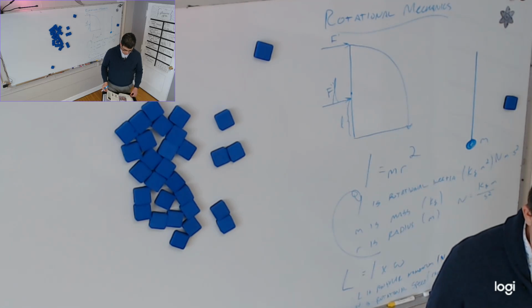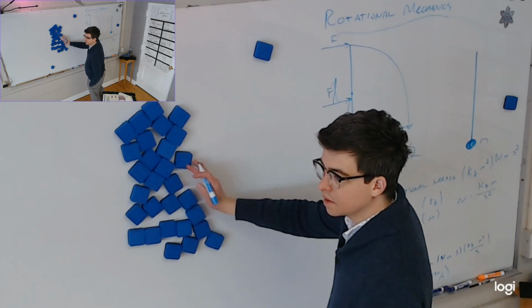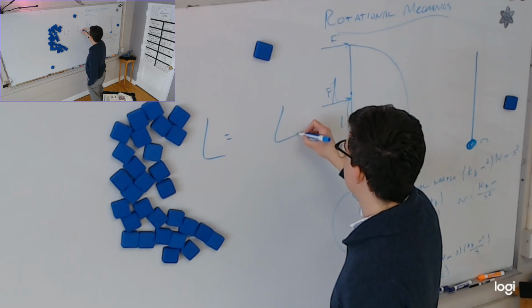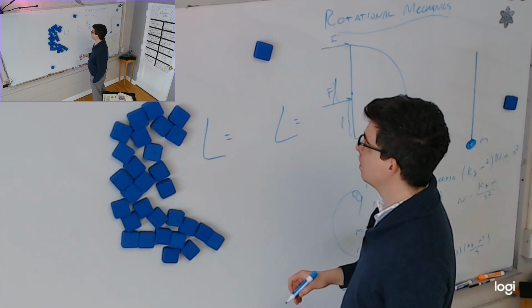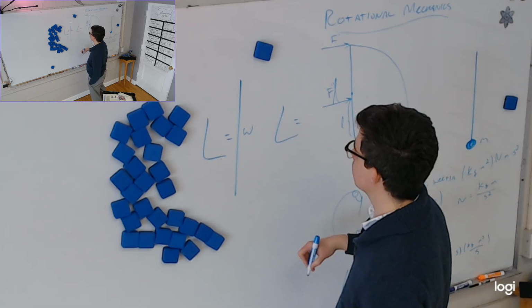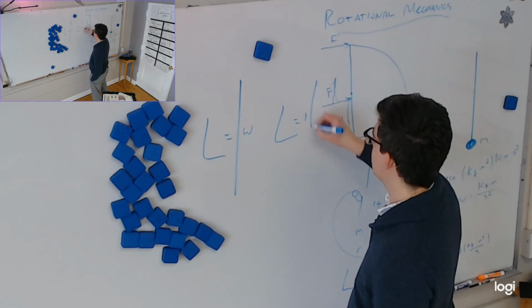And the interesting thing about this is that since we know L must stay the same, we can either have a large rotational inertia with a small angular speed, or we can have a small rotational inertia with a large angular speed.